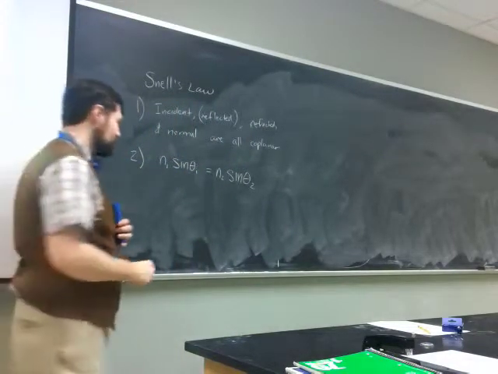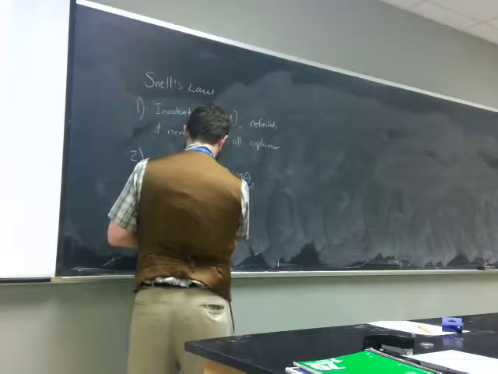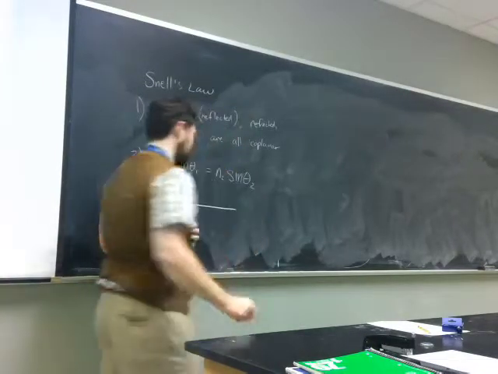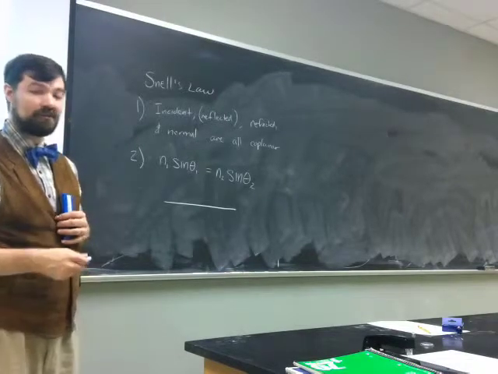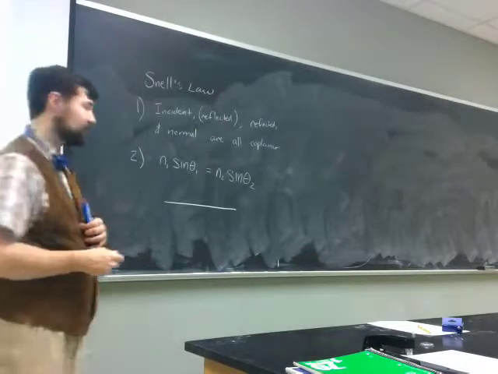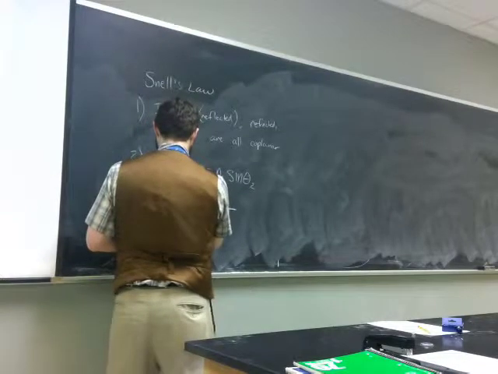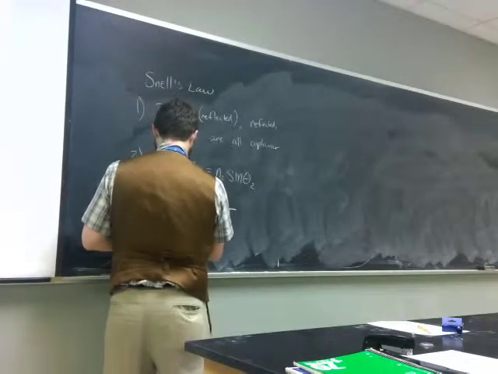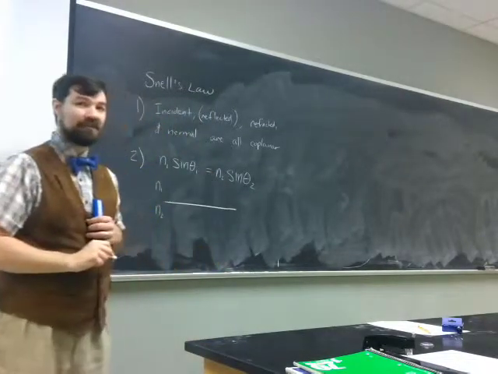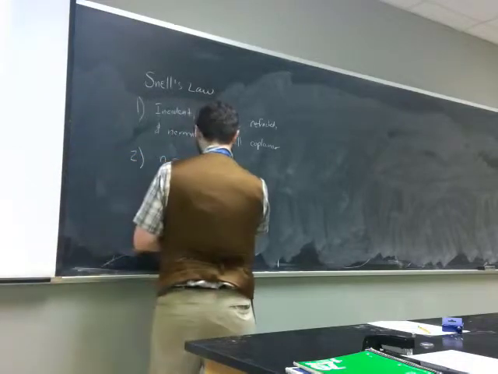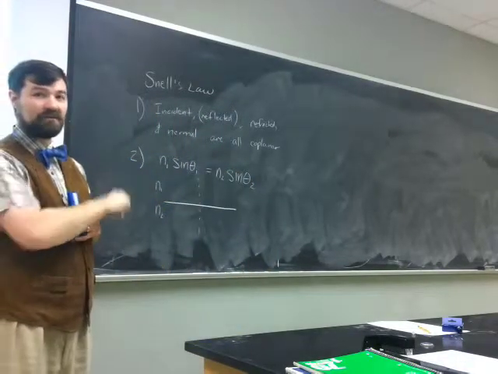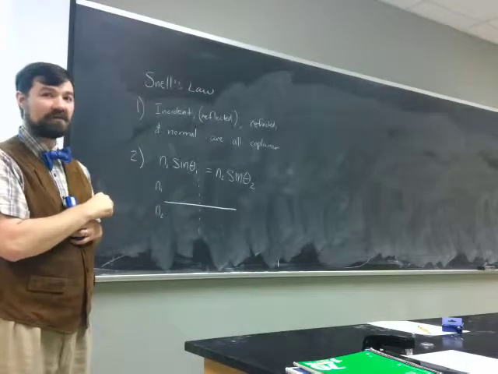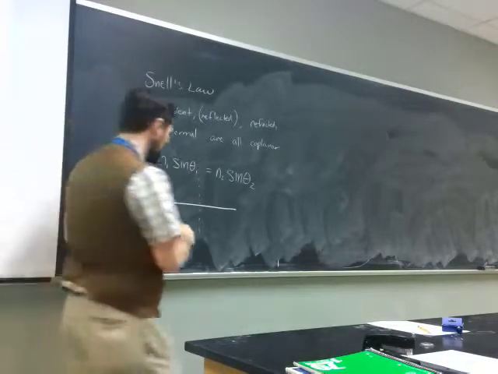So if we draw this thing out, this line represents your interface, or your boundary, between two media. This one right here has one refractive index, this one right here has another refractive index. We need to draw for ourselves one normal line, which is this dashed line, so it's perpendicular to this interface.